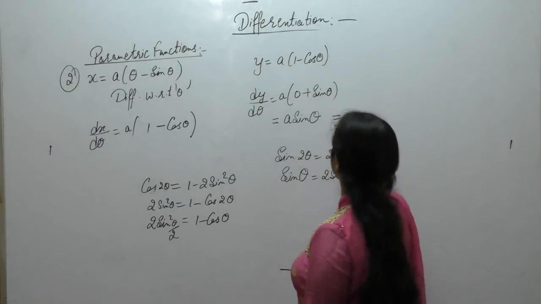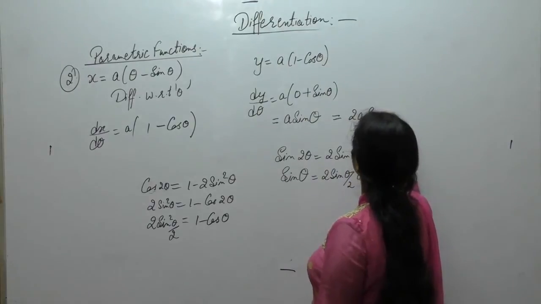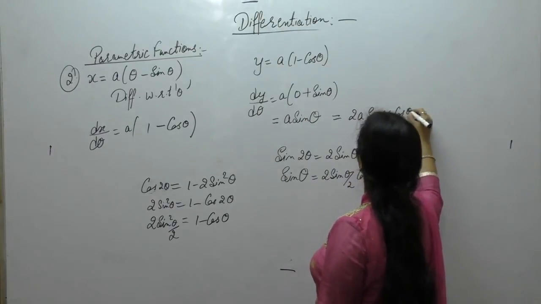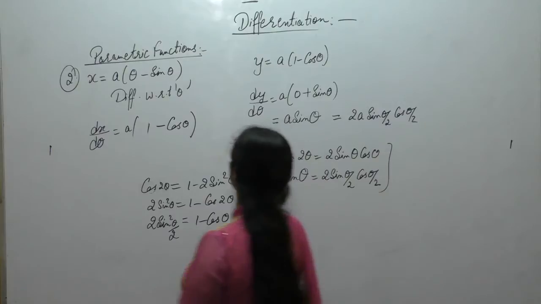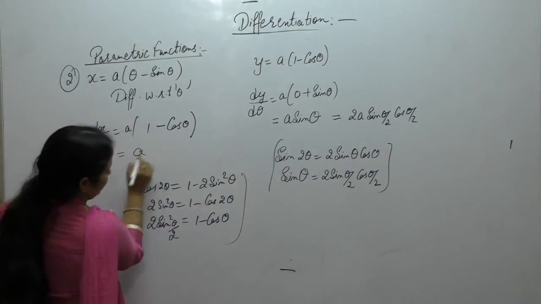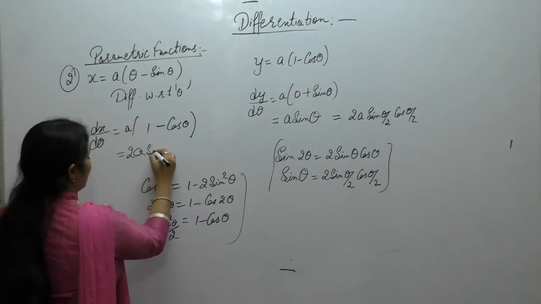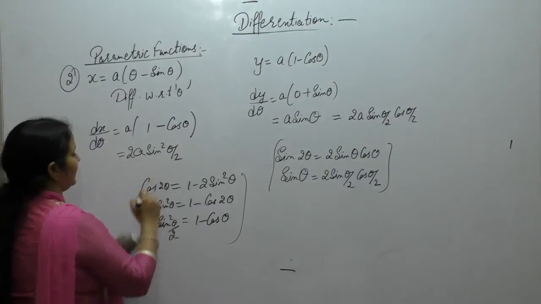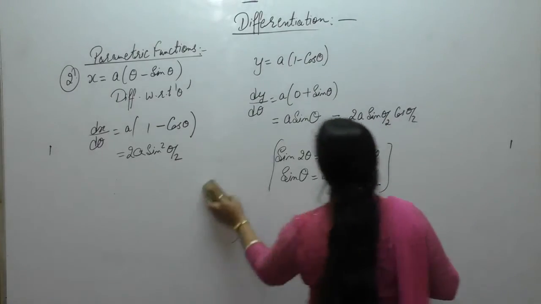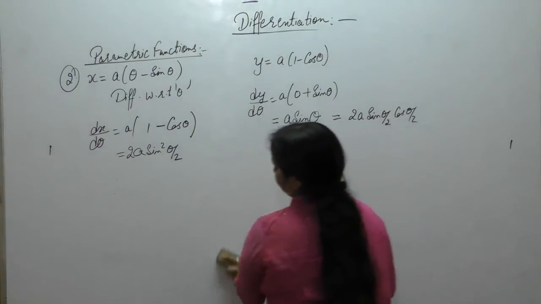Put these values here. 2a sine theta by 2 cos theta by 2 and a into 2 sine square theta by 2. Now we want to find the value of dy upon dx.